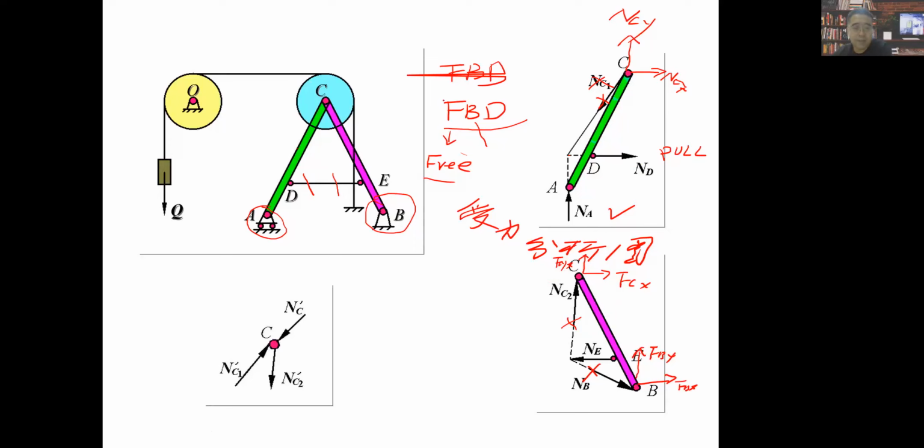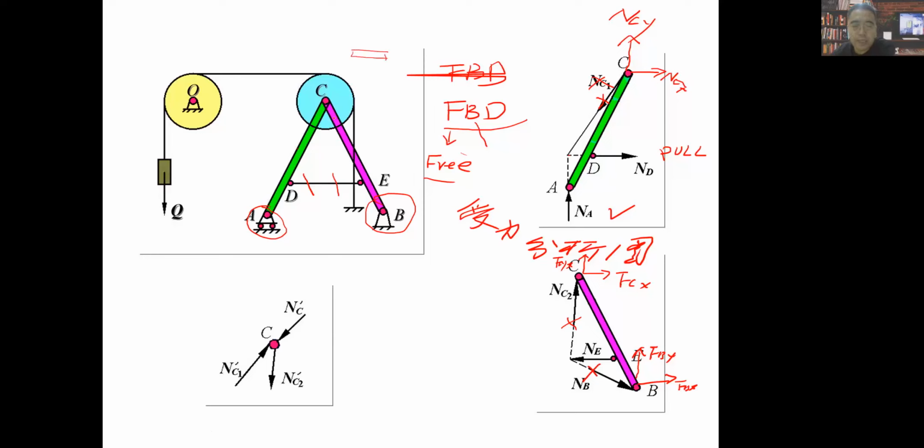Another one, we also can select this point C as the object to be studied. Maybe you cannot understand this very well because there is actually a pin, a very small cylinder like this.